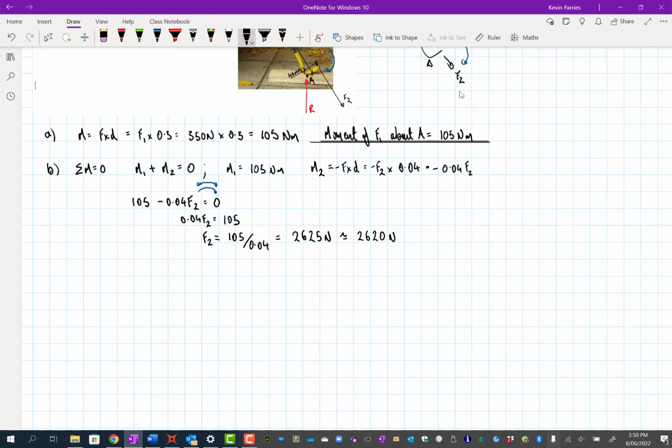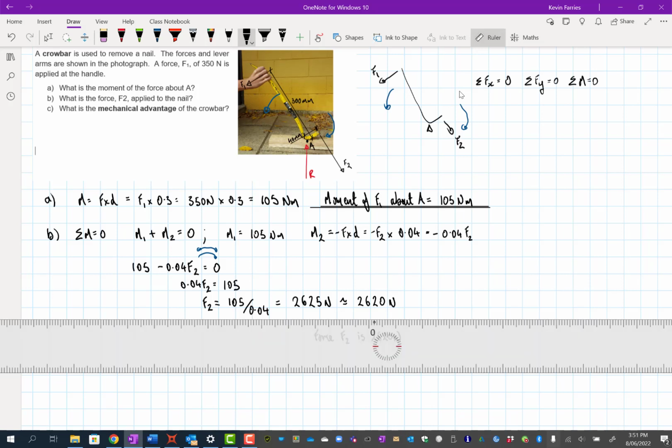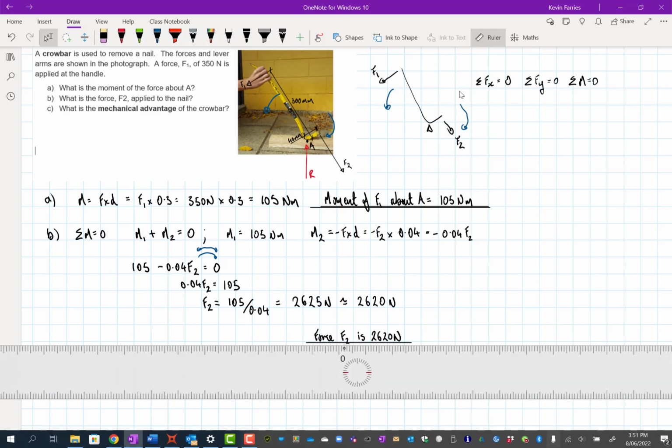So therefore, where was I? Right, the answer. Force F2 is 2620 newtons. So let me just quickly check that.